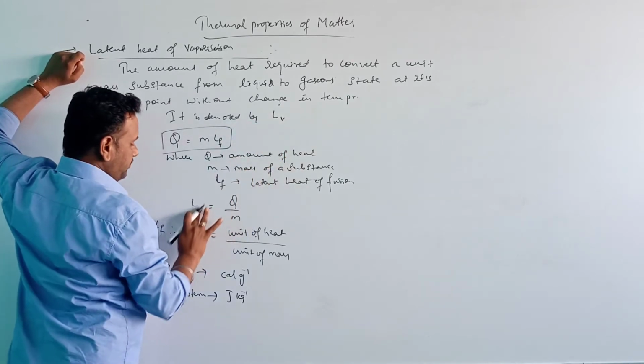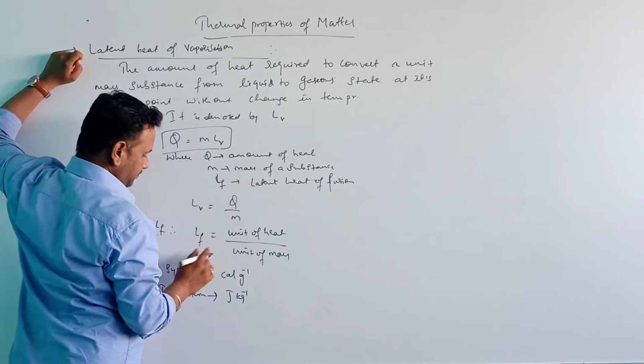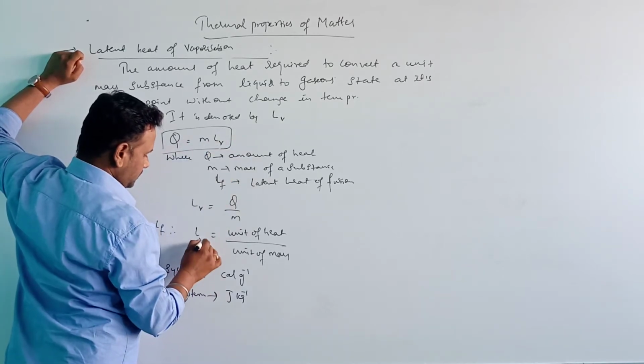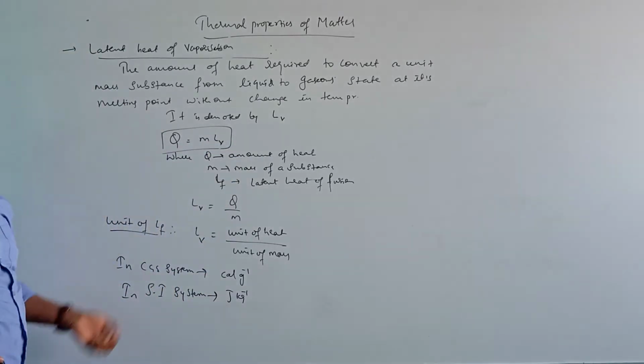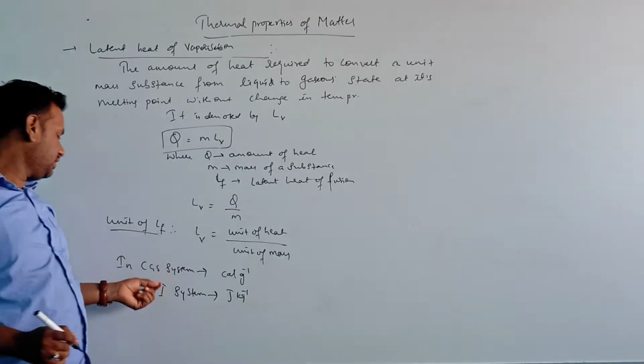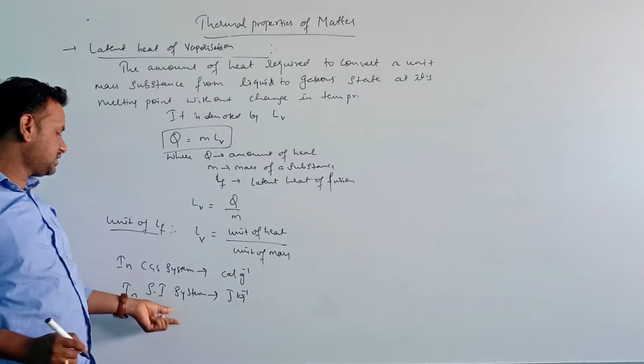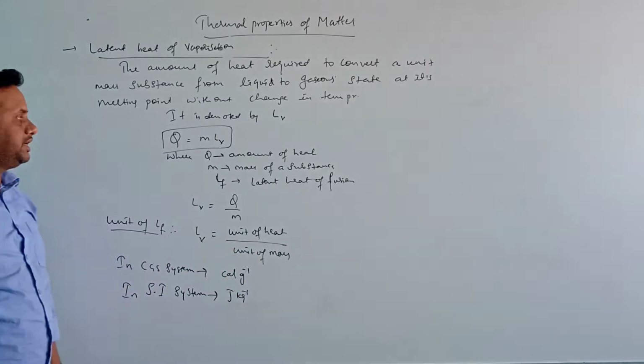In place of LF I am writing LV. The units are the same as for latent heat of fusion: calorie per gram in the CGS system and joule per kg in the SI system.